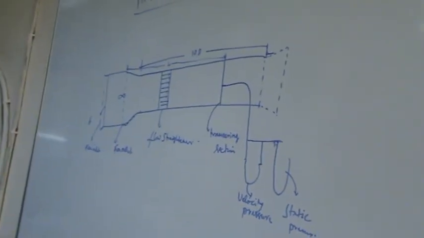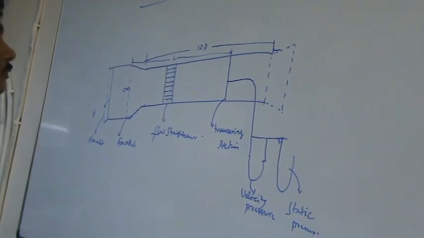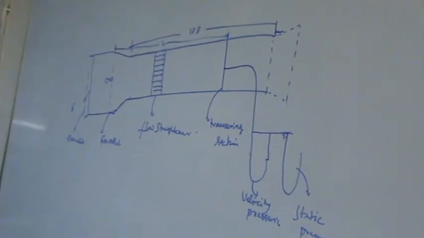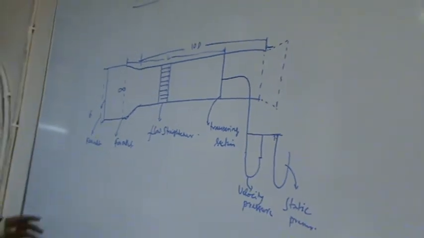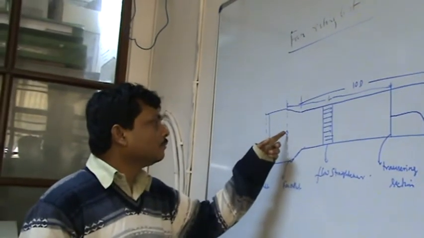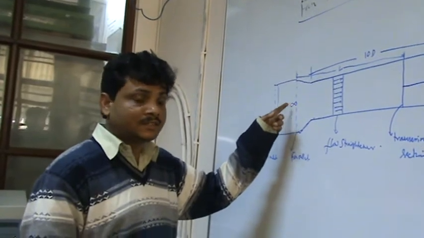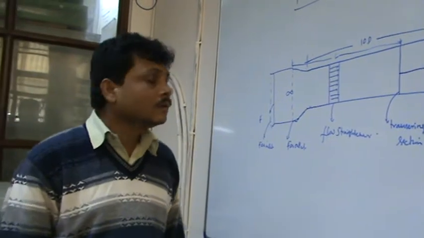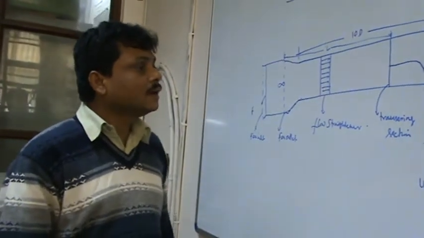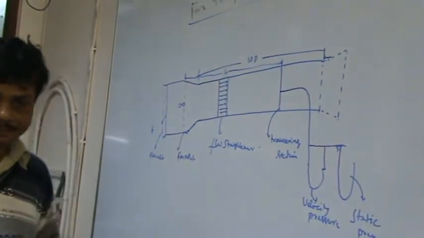So basically, to find out the characteristic curve, we need to know the fan outlet pressure, outlet velocity pressure, fan total pressure, fan static pressure, and also quantity.